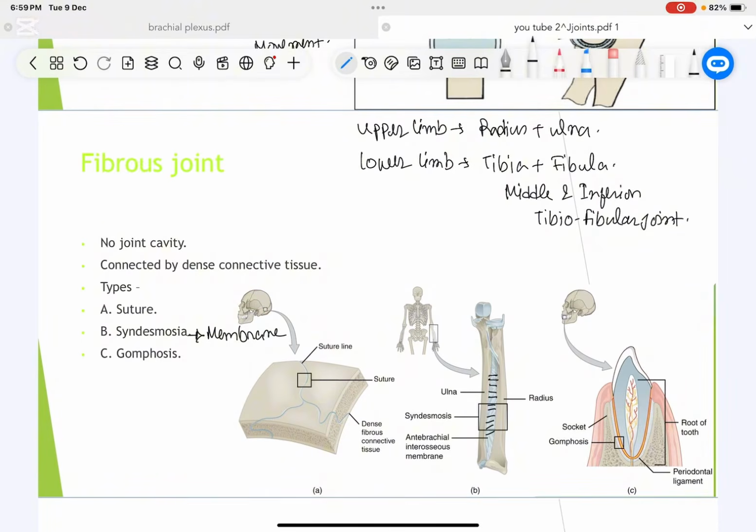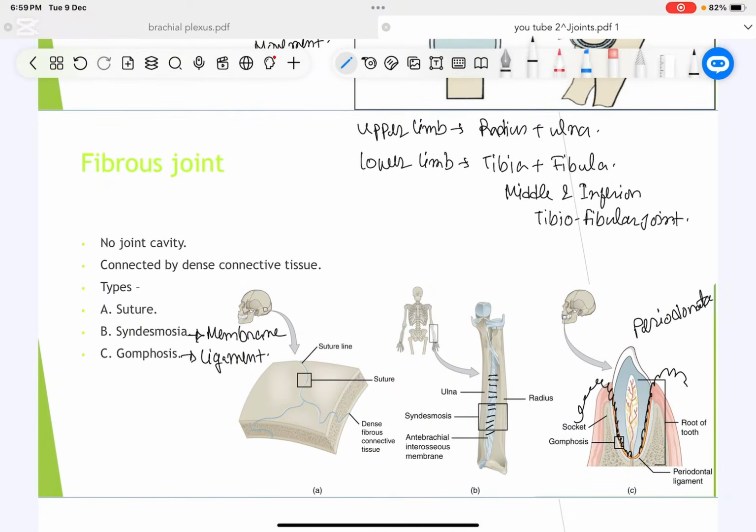The last one is gomphosis. In gomphosis we will see the connective tissue become ligament, and the example is the teeth and the socket of maxilla or mandible. Here the connective tissue becomes a ligament type. And what is the name of that ligament? Periodontal ligament.